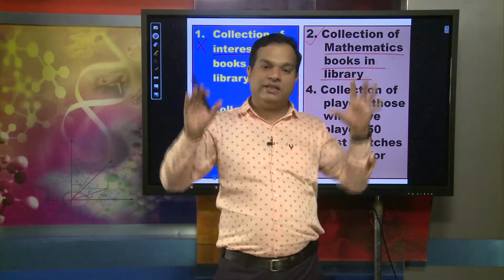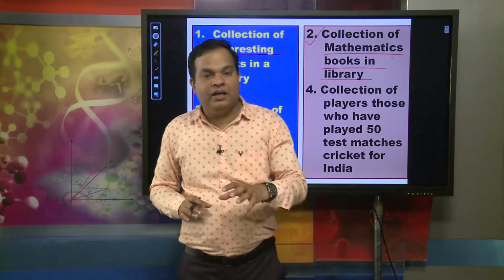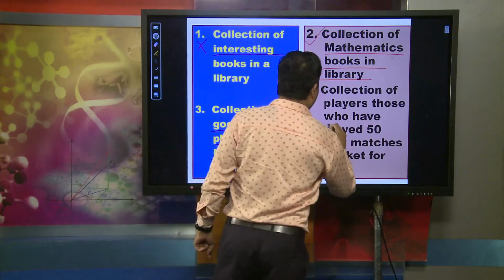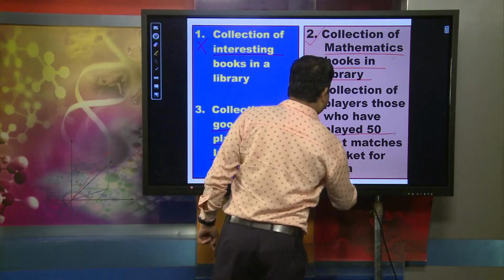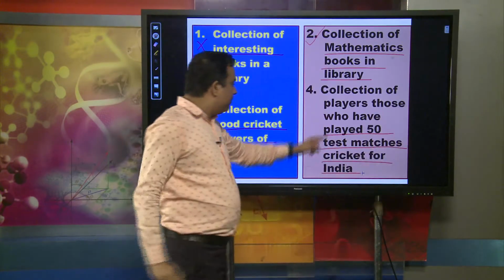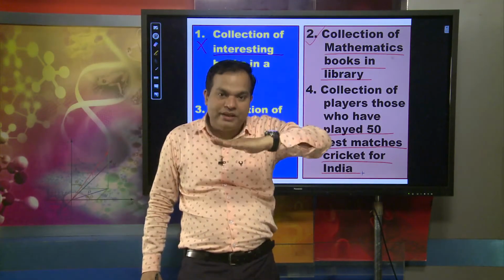So we cannot generalize who is good and who is bad. If I convert this to a collection of players of India who have played 50 test matches, you see, played 50 test matches, there we have put a parameter.